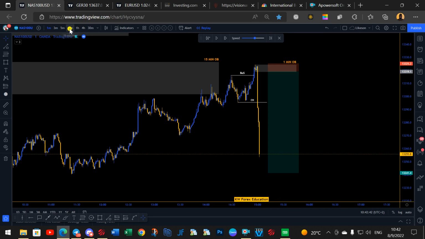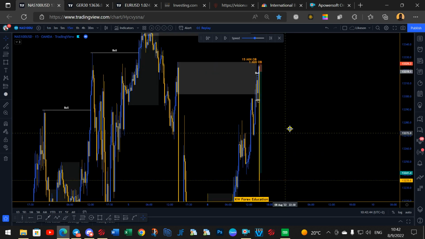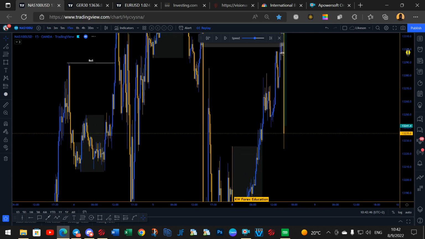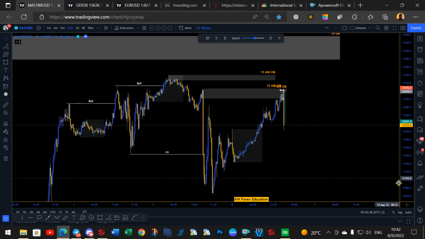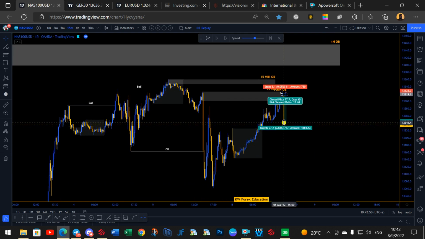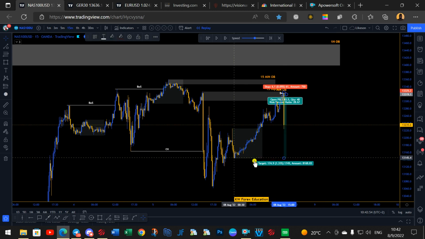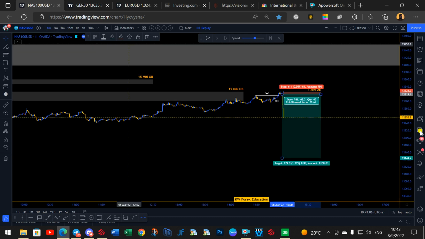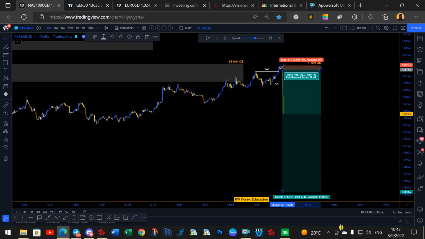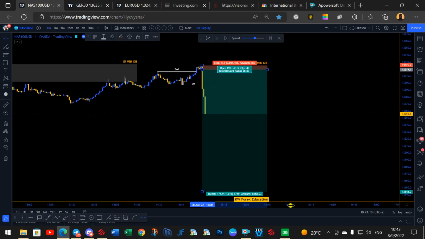So I would go back on 15 minutes. My take profit would be this Asian low here. I'll target this Asian low, right? So I would now go back on 1 minute again to see what happened.